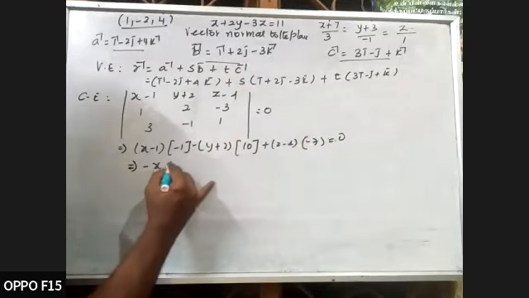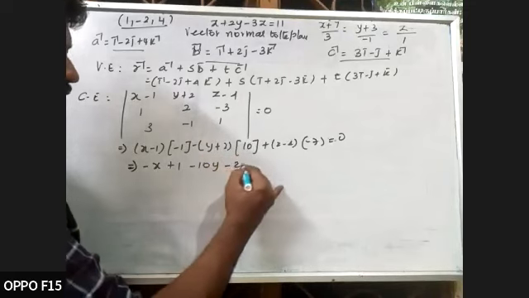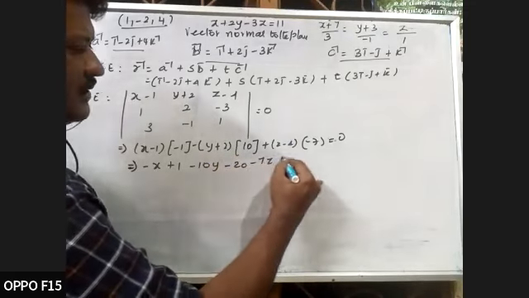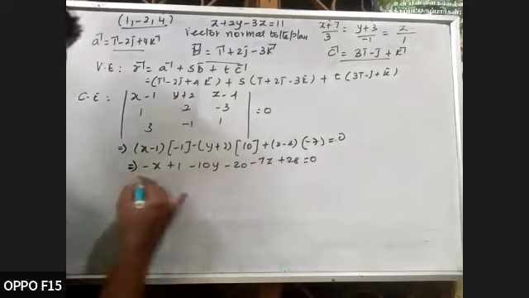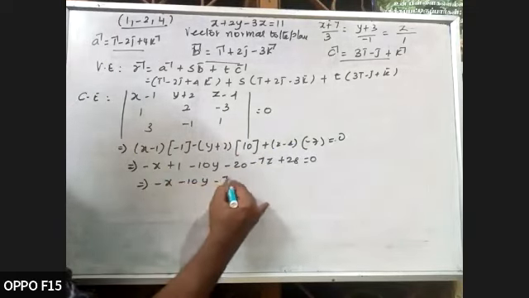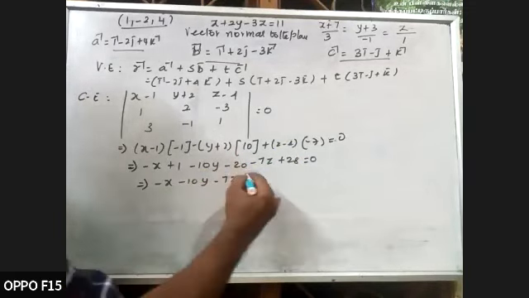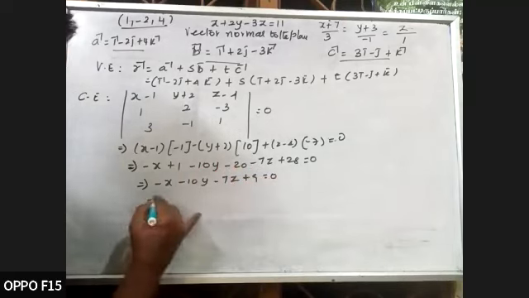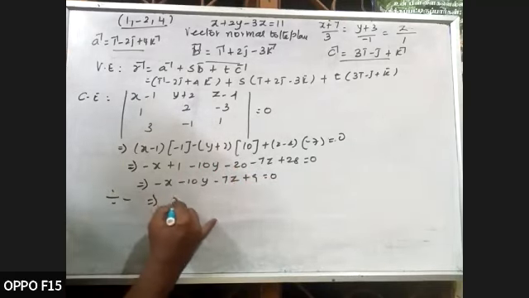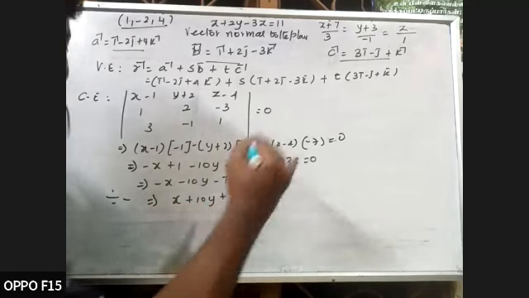We have minus 6 plus 1, minus 10y minus 20, minus 7z plus 28 equal to 0. Dividing throughout by minus, we have x plus 10y plus 7z minus 9 equal to 0.